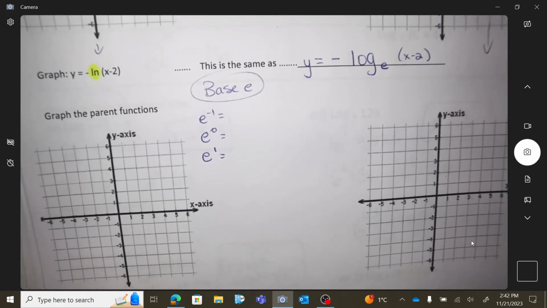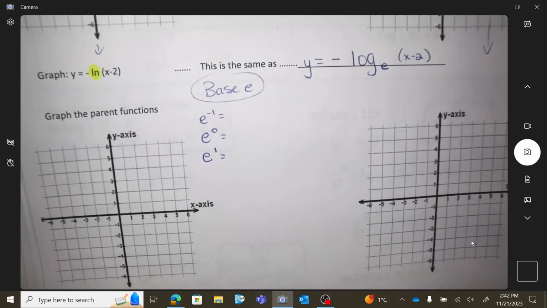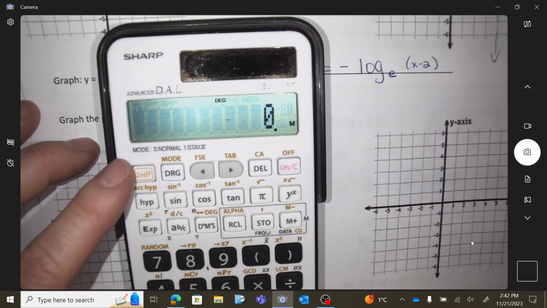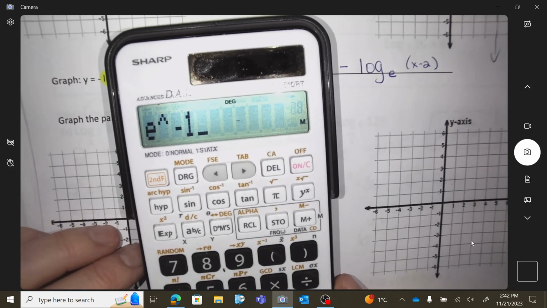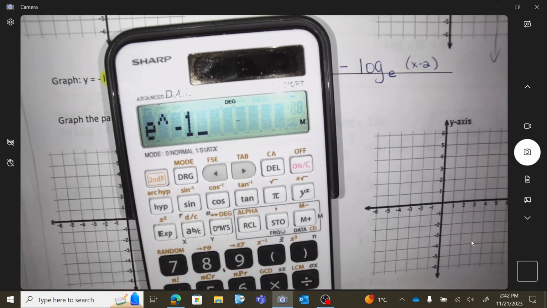E to the -1, that's okay. Go to your calculator. I'm not expecting you to know that one. Does everybody know where their E button is? Obviously flag me down, wave me over if you can't find that E button.